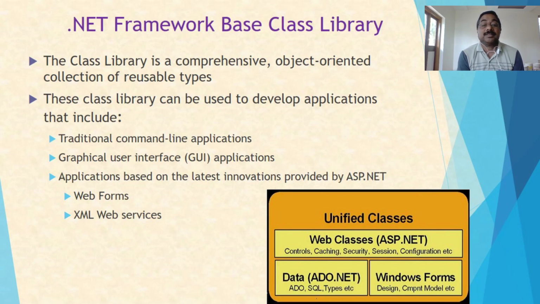All these base class library functions actually reside in the base class library in the .NET framework architecture. In the figure itself, at the lower side, the figure shows the unified classes, that is, the classes which can be compatible with other languages, and the web classes, where the ASP.NET controls, caching, security, session, and configuration. All these classes are actually stored in the base class library.